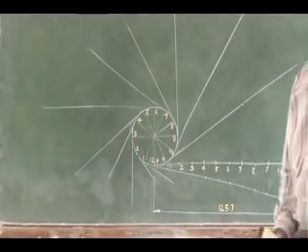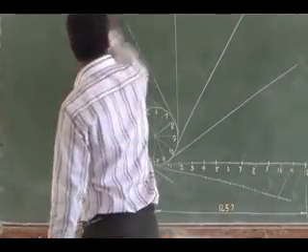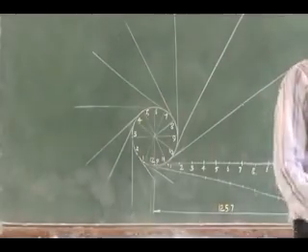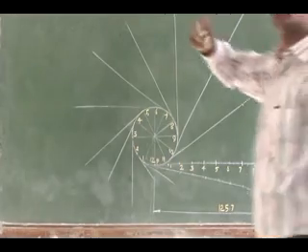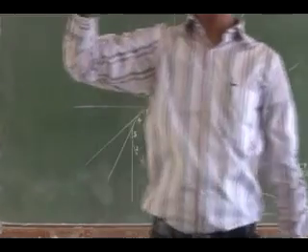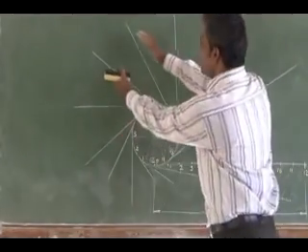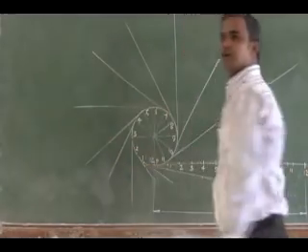Now after this, I have to mark the points of the involute. Here, as with your polygon, you cannot draw it using your compass. You don't have a constant radius between the tangent lines.